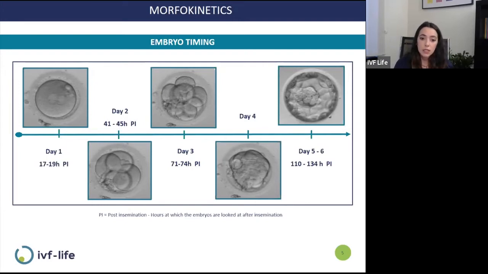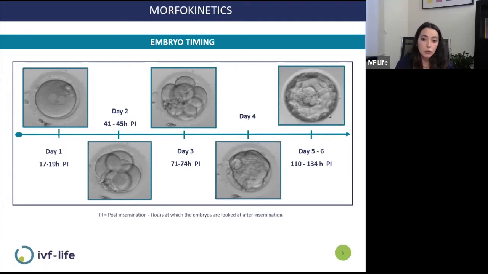Normally at this stage, we contact the patients to inform them about the number of eggs that were retrieved on the egg collection, the number of mature ones, and the ones that have been successfully fertilized. This will be the number of embryos that we will follow during the development on the days they are in culture here with us. Day 2 will take place at 41, 45 hours post-insemination.